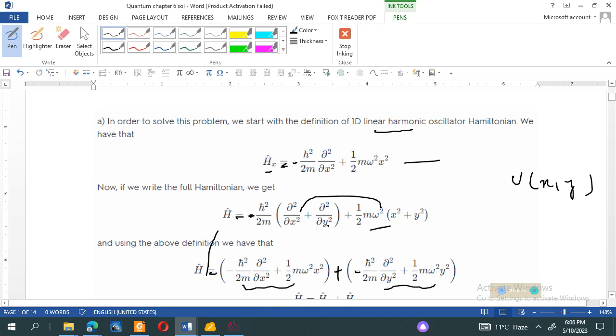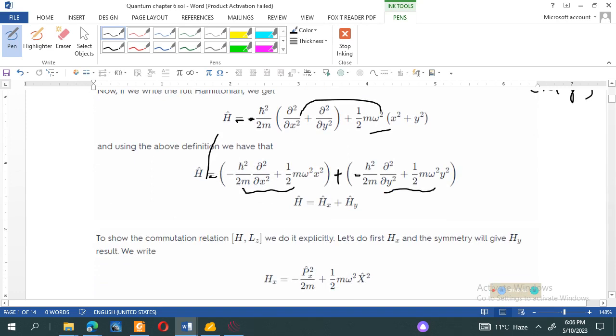We have separated the Hamiltonians of x and y in this step. Thus we have achieved H equals Hx plus Hy. This was the required solution.